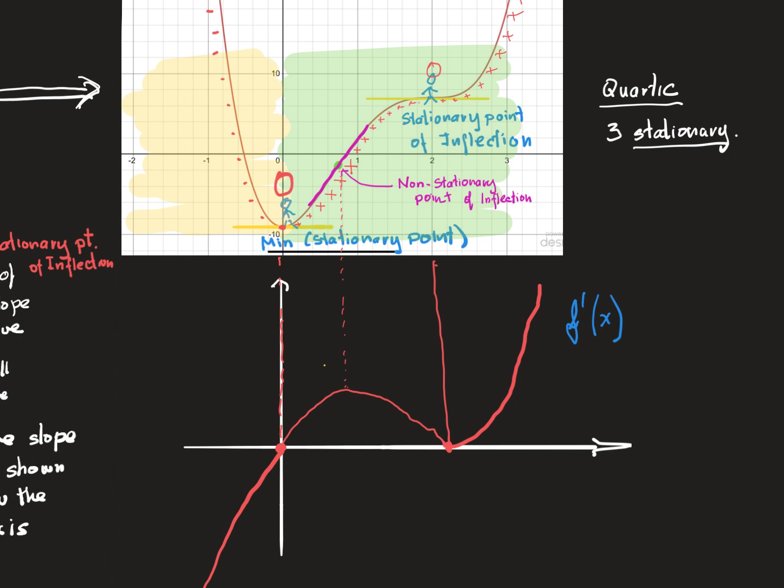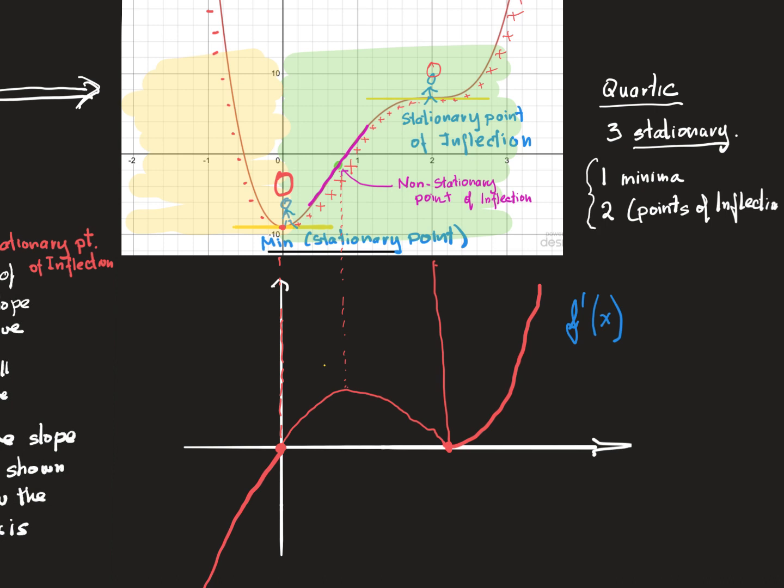In fact, one of them here is a minima, and the other two are points of inflection. They're considered to be 2 stationary points of inflection. So that's altogether 3 stationary points. And there is 1 non-stationary point of inflection.